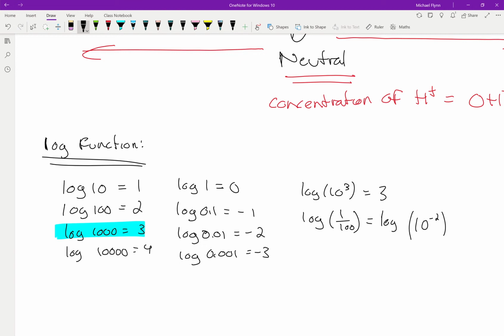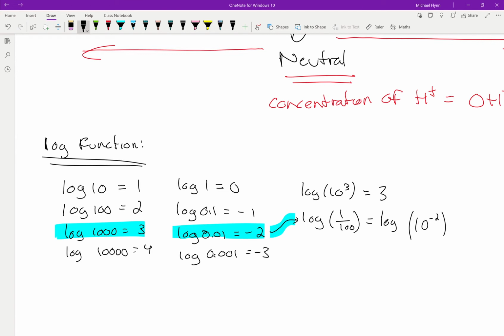So the log of 0.01 is the same as the log of 1 over 100, because 1 over 100 is 0.01, if you follow me, okay? Now, here's the thing.